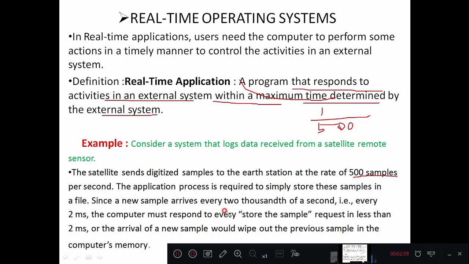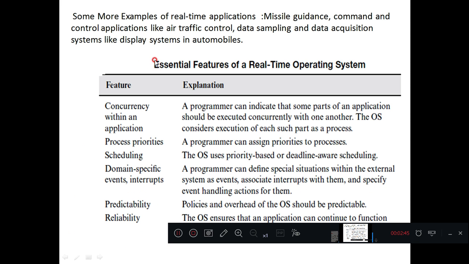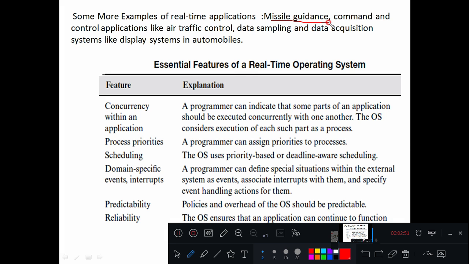Okay, moving to the next slide, we will see some more examples of real-time operating systems. One is missile guidance, right? Within the time limit, the missile has to be launched, otherwise the enemy is going to destroy our missile or our security places. Then command and control applications like air traffic control, and data sampling and data acquisition systems like display systems in automobiles, for example the speedometer, which has to perform its operations in a timely manner.